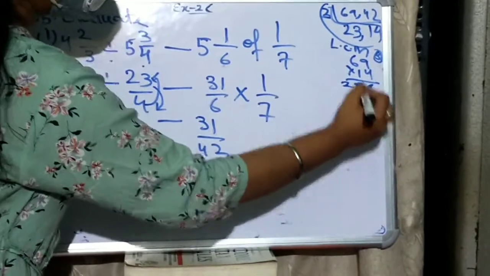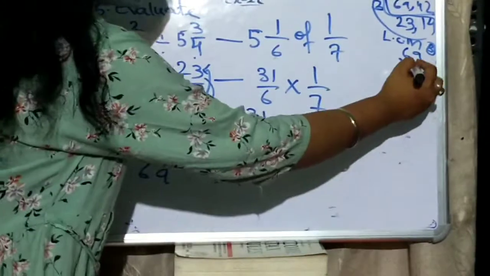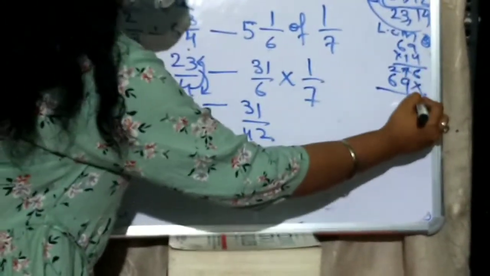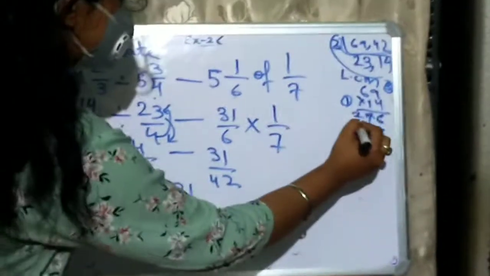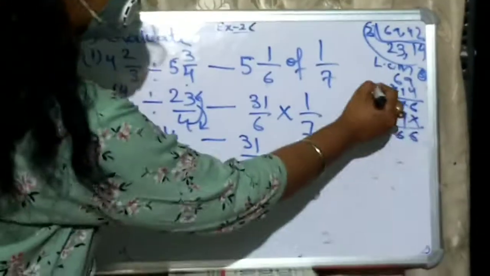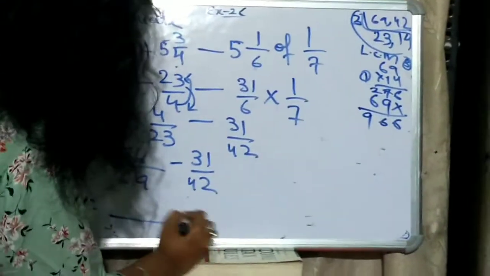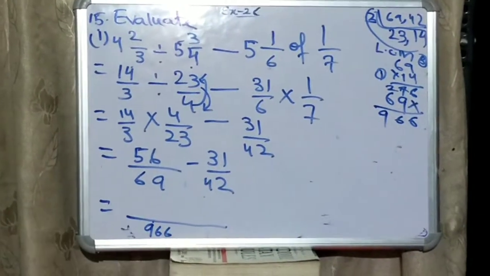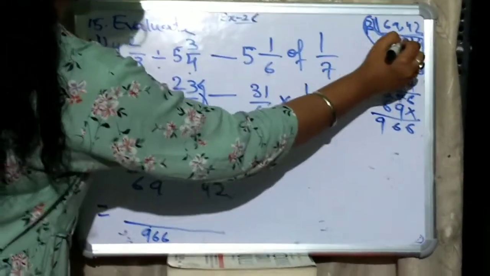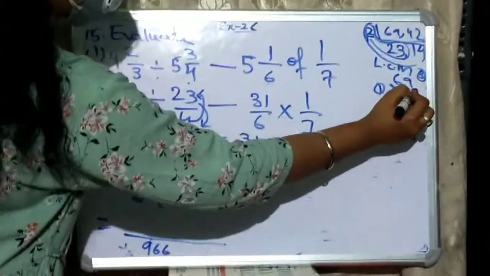Then 1 into 6 is 60, 1 into 69 is 69. Adding, you get 966. Your LCM is 966. Now 966 divided by 69 is 14.